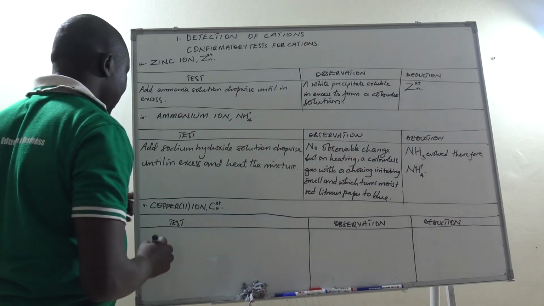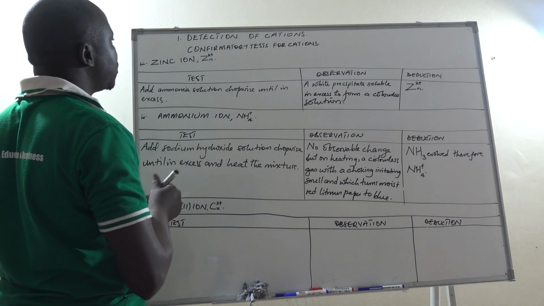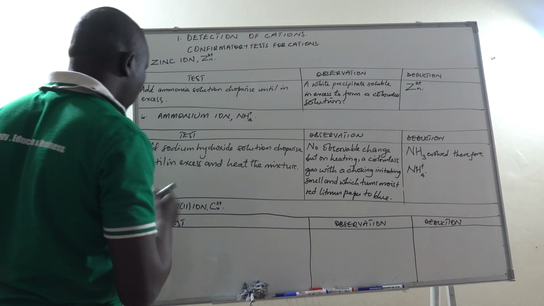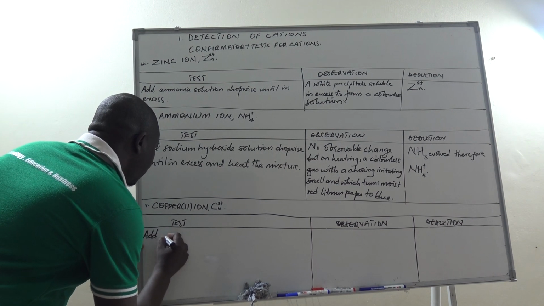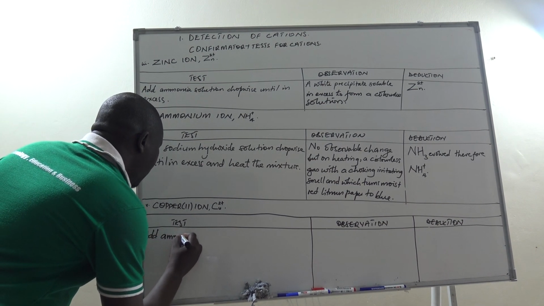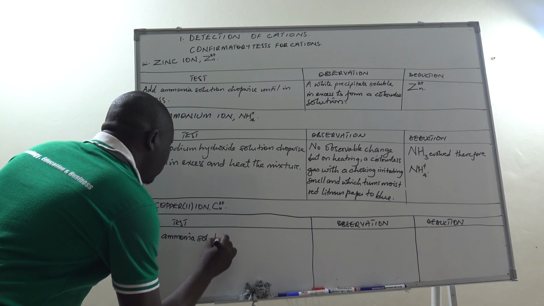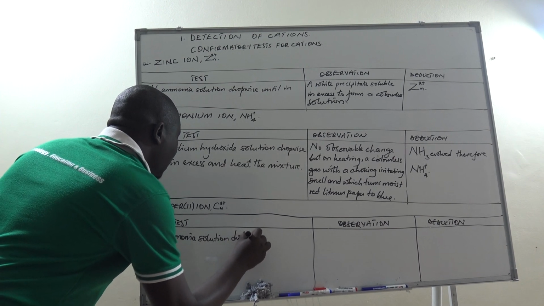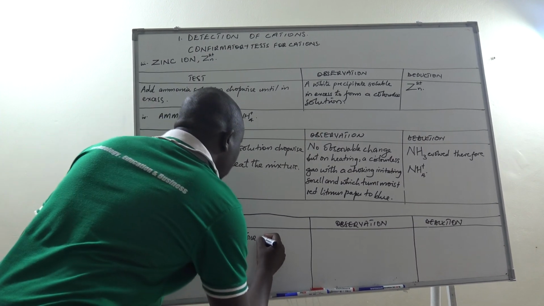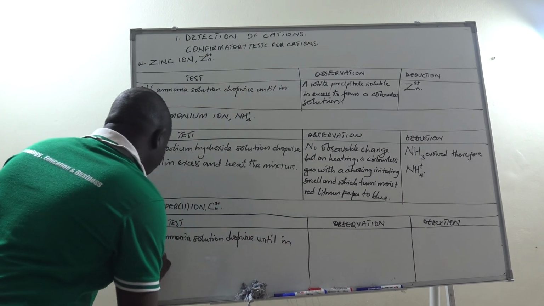Our test in this case, testing for copper II ion in solution, we also use ammonia solution. So we need to add ammonia solution dropwise until in excess.